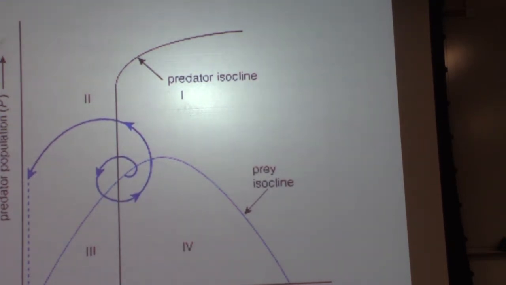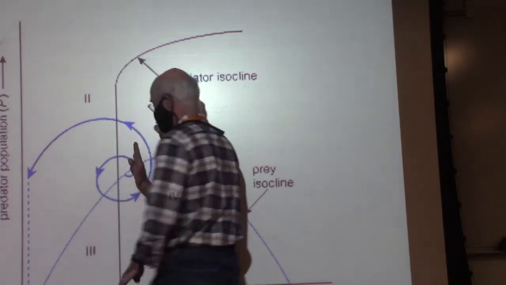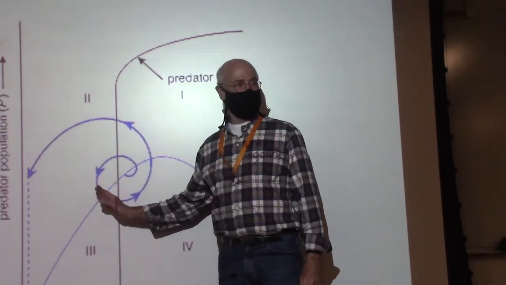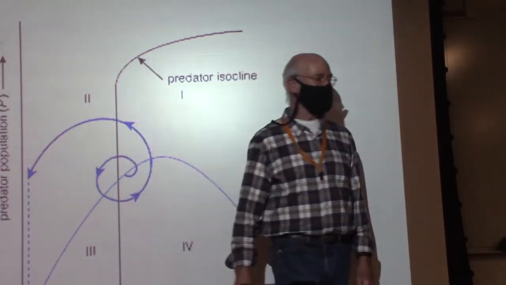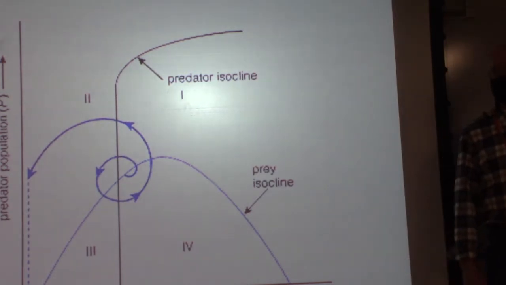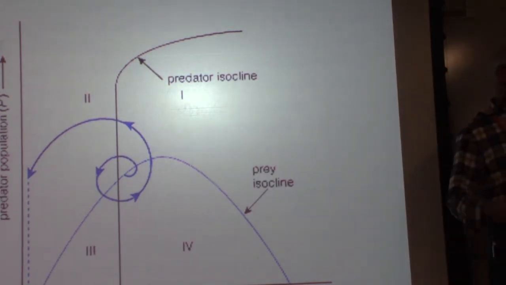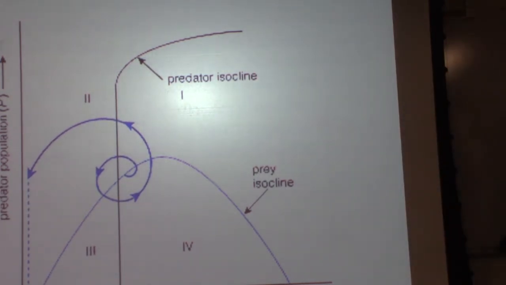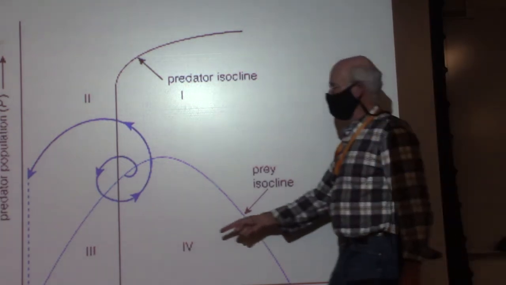So if the predator isocline is shifted over to low prey densities, the system collapses. In other words, if the predator is too good, if the predator develops the appropriate search image too fast, if the predator is too good at exploiting the prey, the system goes to extinction.